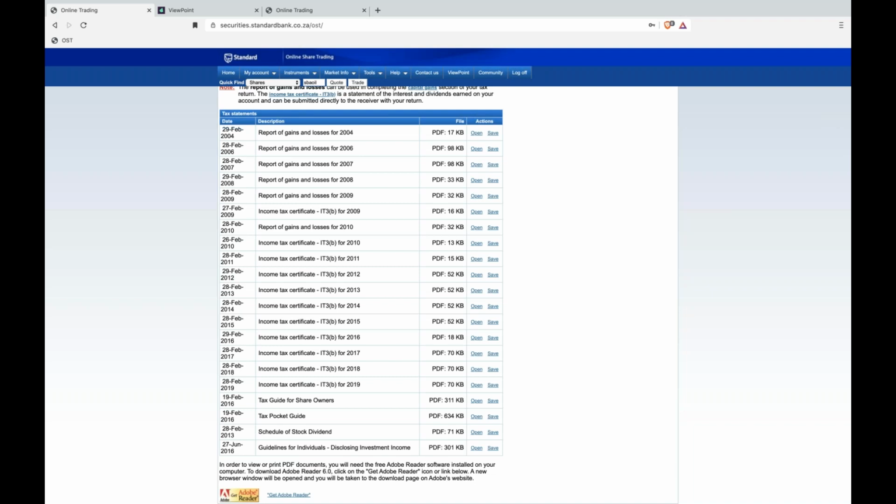You've got the guideline document from 2016, issued by SARS, and then updated a couple of times, and then your IT3Bs and your profit and losses, which I think is an IT3C. I'm not the expert here, but you can find those sitting there as well. What we don't have yet is 2020, which would have been to end February, should be up shortly.